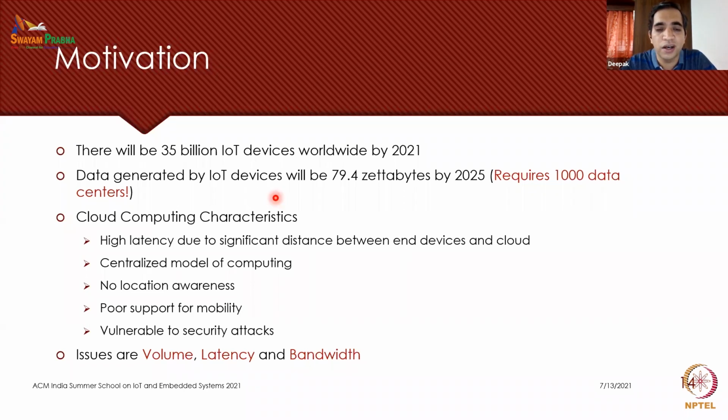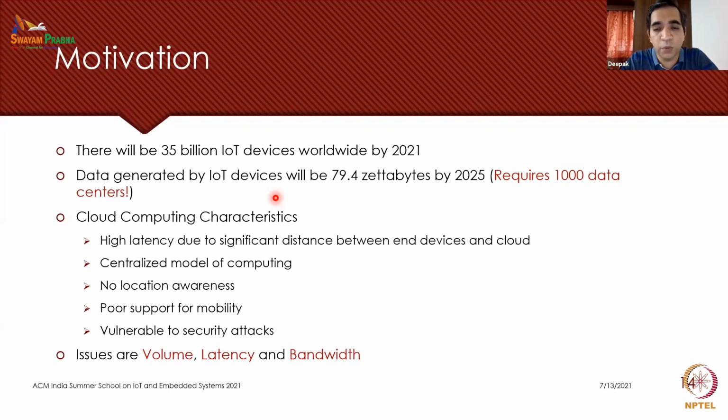Yep. So that's not a very positive scenario, right? Handling this much data is very challenging, and over and above that, you have the cloud computing characteristics that we just saw, which is a high latency scenario due to the location of where the end device is and where the cloud node is.